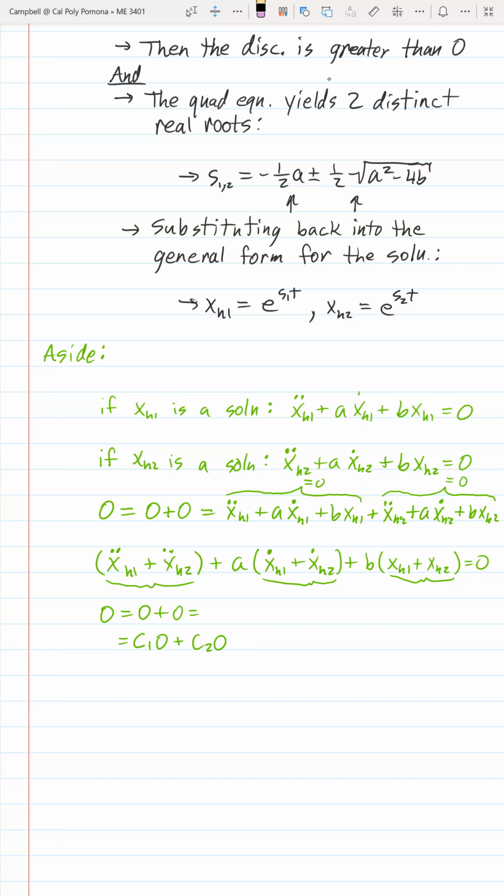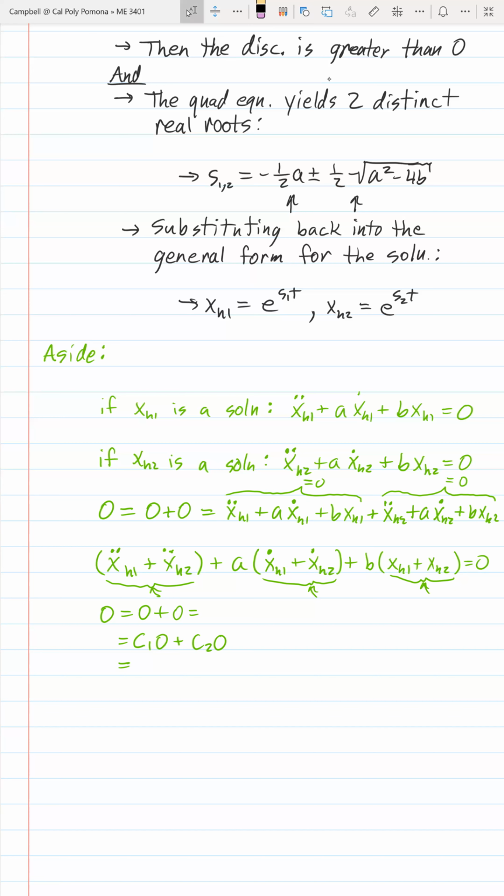And of course, the answer is, yeah, of course you do. So then what does that mean? That means that it's not just a sum of the homogeneous solutions, XH1 and XH2, that solves the differential equation. It also turns out that I can scale those individual functions by any constant, and I get another solution.